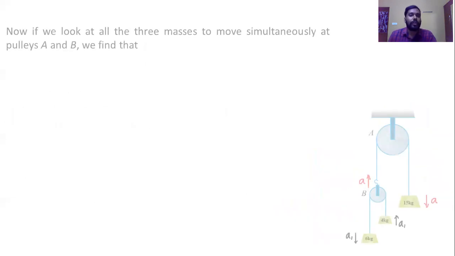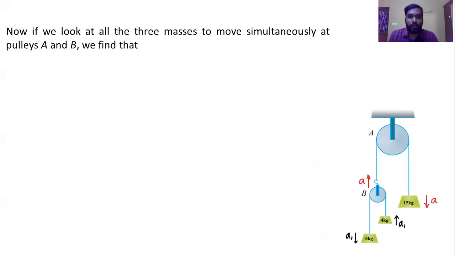Okay, so now we look into the three different masses simultaneously, and pulleys A and B. This is our case. Let me explain once more how we solved this. We consider this block: the 6 plus 4 is a single unit, attached to one end of this fixed pulley, and the other end is the 15 kg.